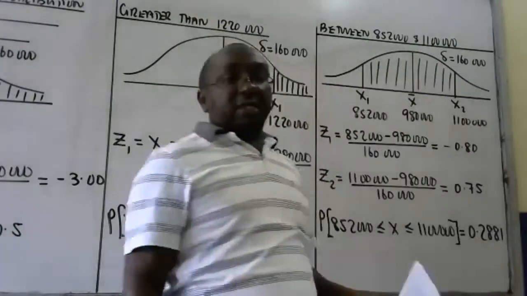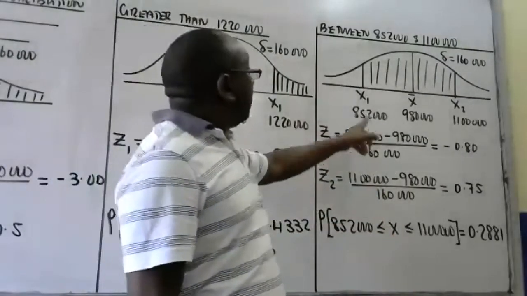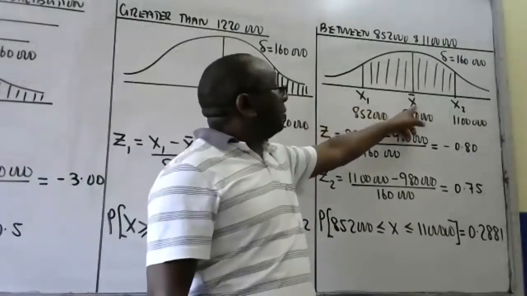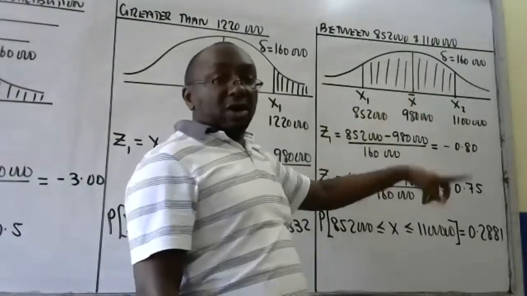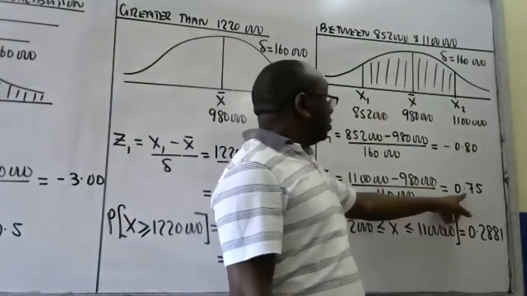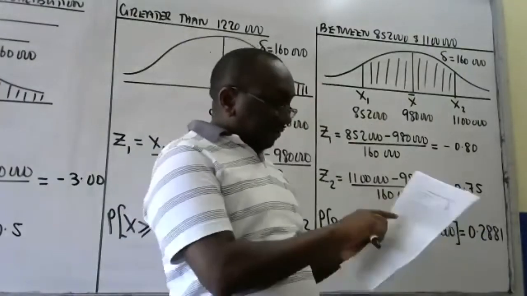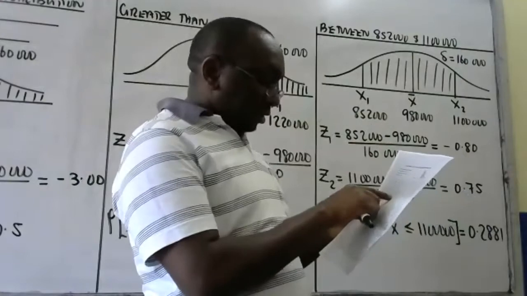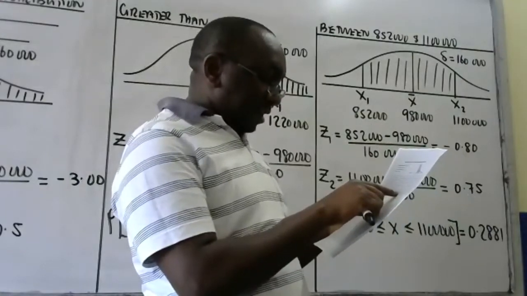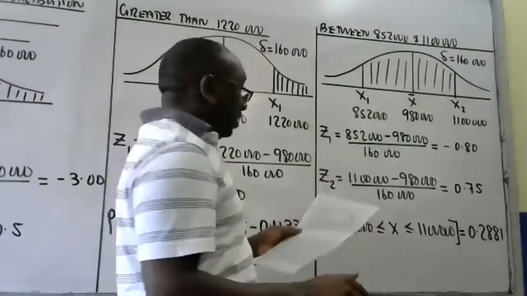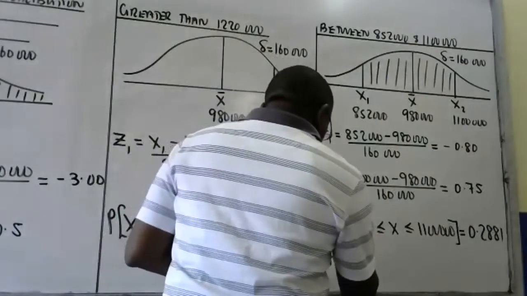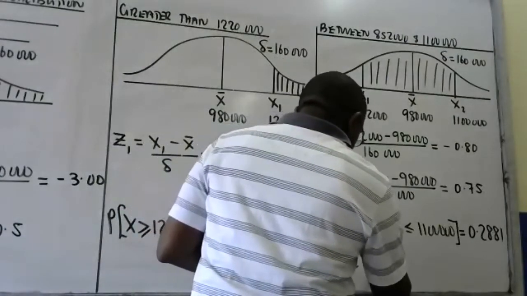Now that 0.2881 is the probability from this x1 to this x bar. So we now read for this one 0.75. I'm getting 0.2734. So I say plus 0.2734.